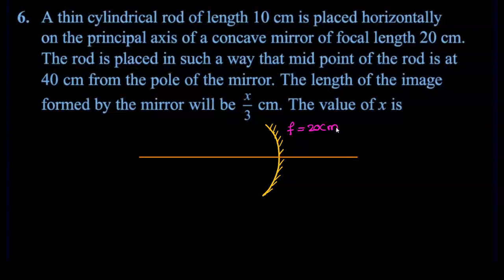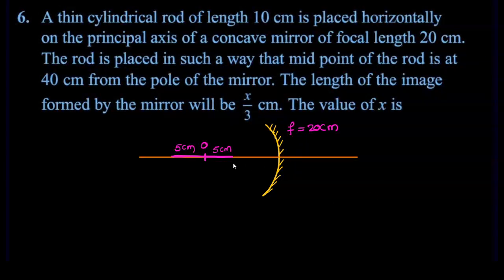The rod is placed in such a manner that the midpoint of the rod is at 40 centimeters. If I say this is the rod, the midpoint is here. The midpoint O is at a distance of 40 centimeters from the pole. And this is 5 centimeters, and this is also 5 centimeters.